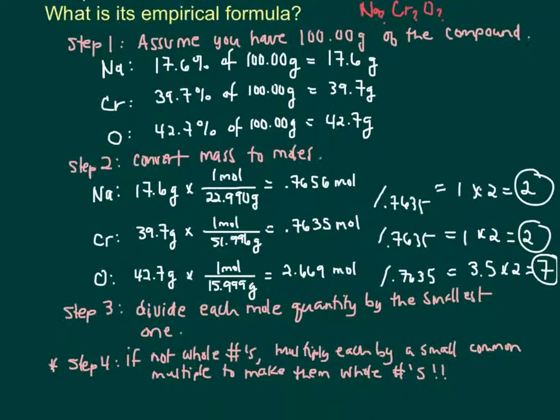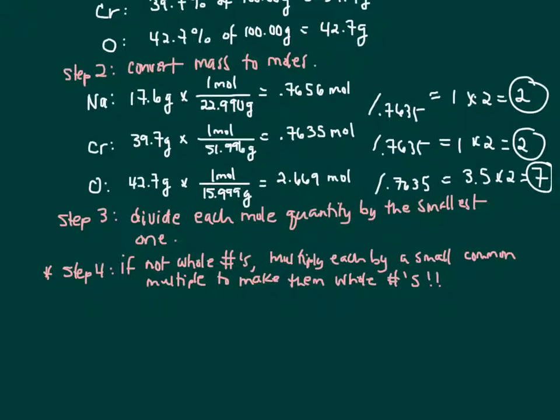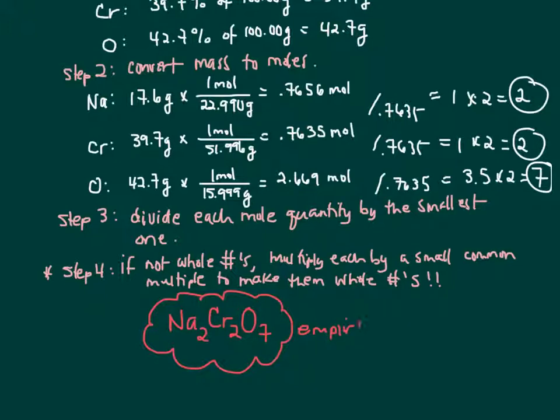So I'm going to scooch this up, and from here we should be able to figure out what our ratios of sodium, chromium, and oxygen are. There are 2 sodiums, 2 chromiums, and 7 oxygens. So that makes this our empirical formula.